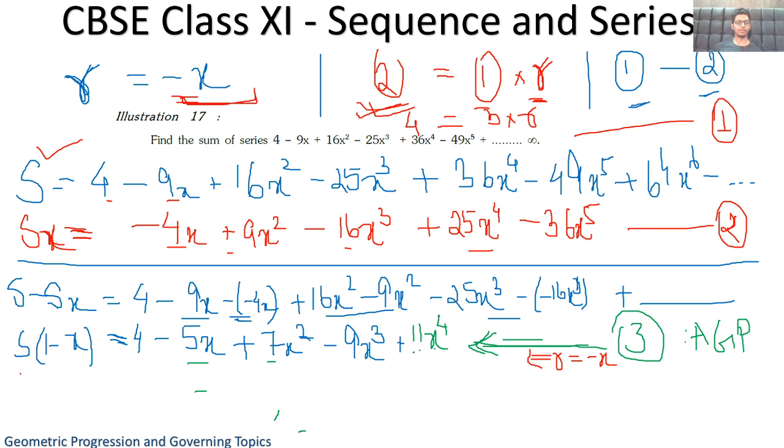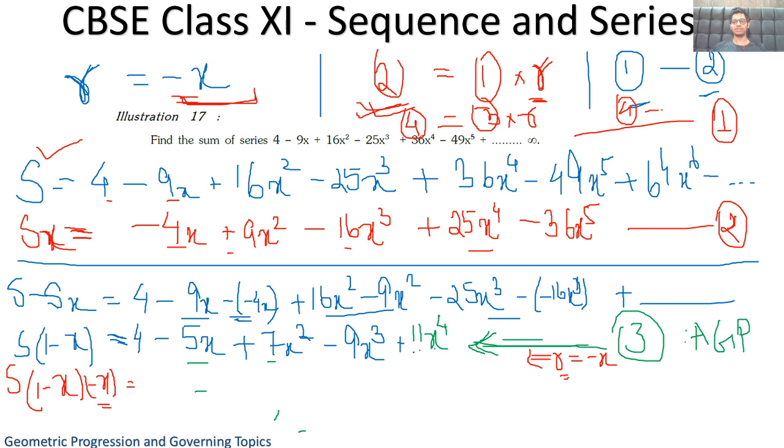So what we can write is s into 1 minus x multiplied by minus x. We multiply the entire expression by the common factor r and create equation 4 from equation 3, and then we'll subtract.